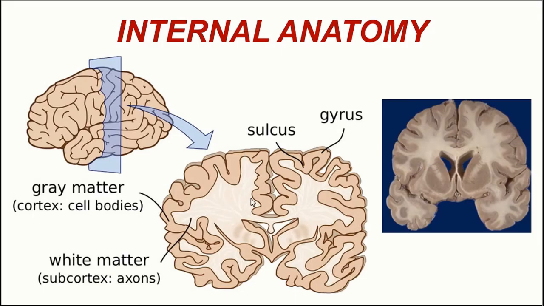Whereas the deep white matter is mainly composed of very heavily myelinated neuron axons that connect different regions of the cerebrum to one another. These white matter tracts also connect the cerebrum to other body structures and other brain structures as well.